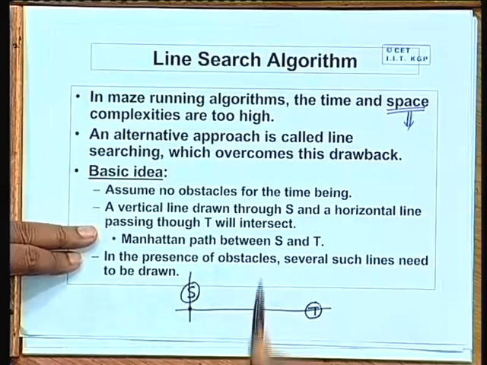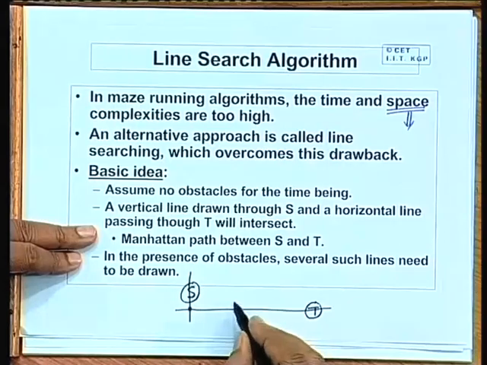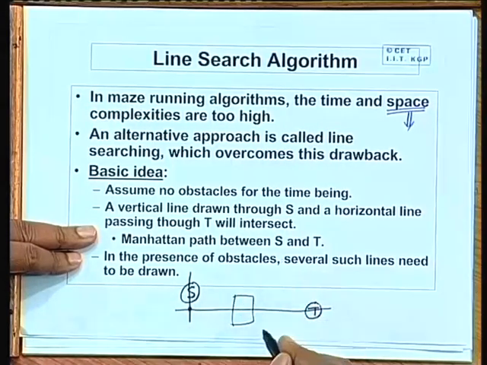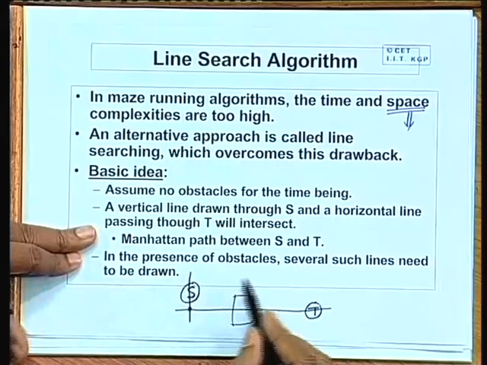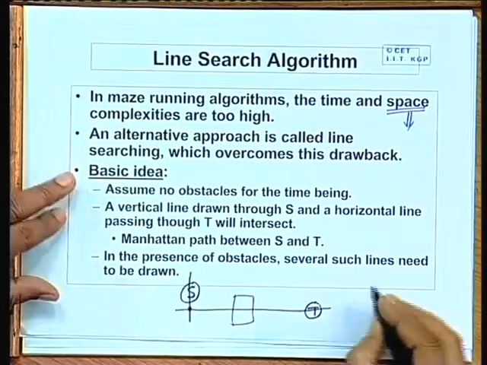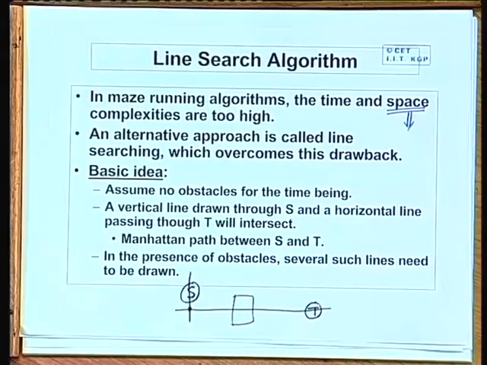Now, in the absence of obstacles, only one such horizontal and vertical line will be able to find the path. But if there are obstacles in between, you may have to trace a number of such straight line paths, and you will have to keep track a number of such line intersections, and you will have to trace those intersections to get a set of straight line segments. Now, the idea is that we are not maintaining the information about the grids and the obstacles as an array like in Lee's or Hadlock's algorithm.